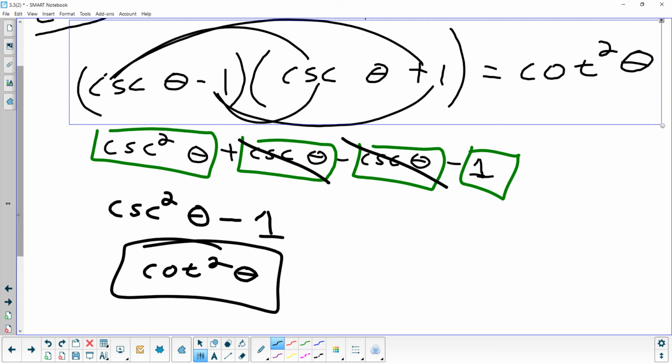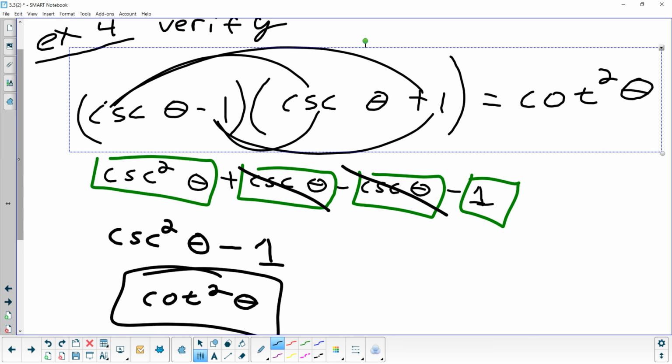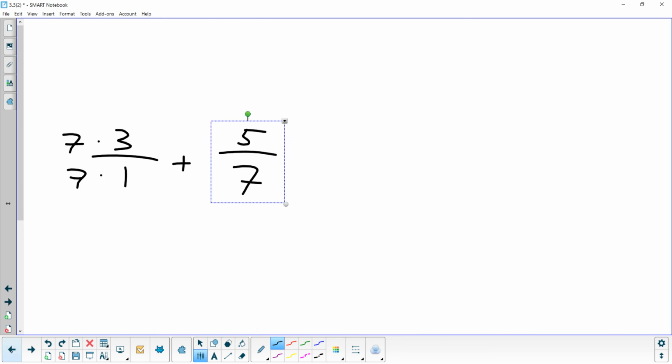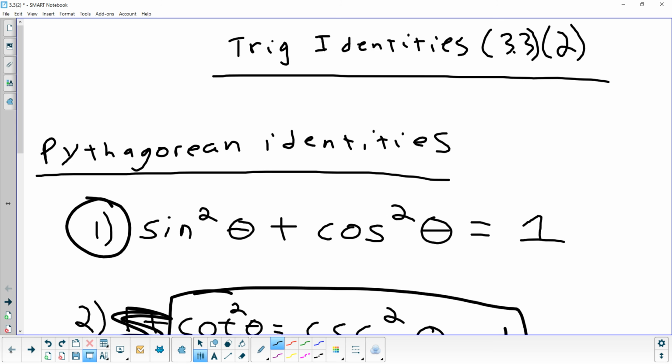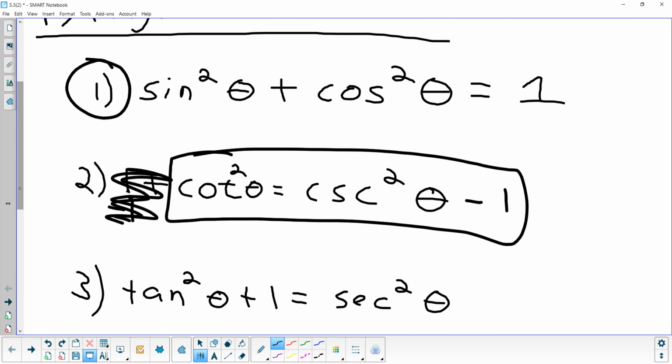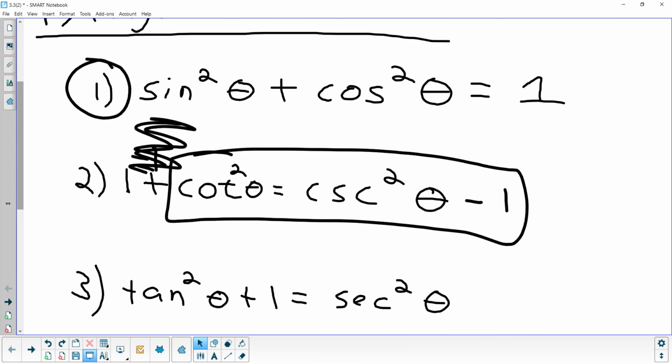Okay, any question on that one? Yes? If we were to do this on a test, do we have to put the -1 and the +1? Can you, I'm not sure what you mean. When I worked on the notes, it was like 1 plus cotangent squared equals cosecant squared theta. Yes, that's what it was originally.